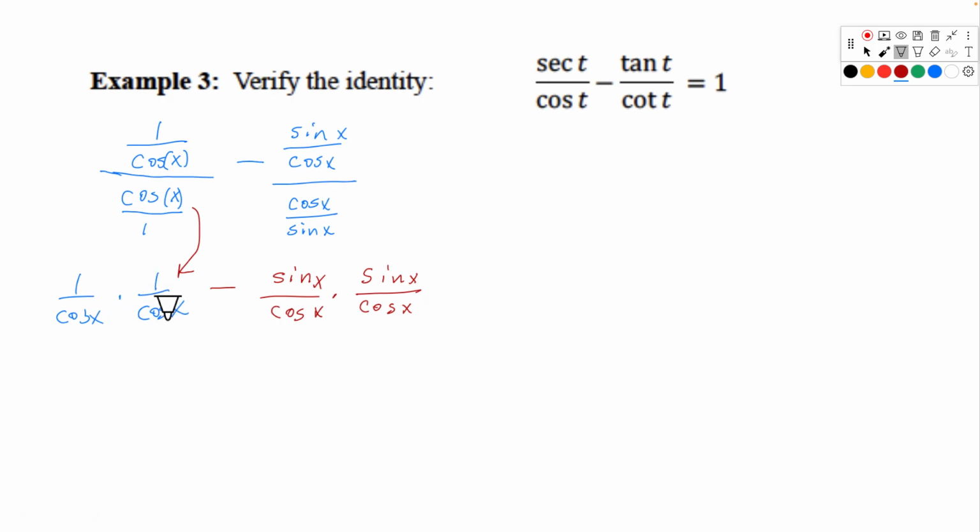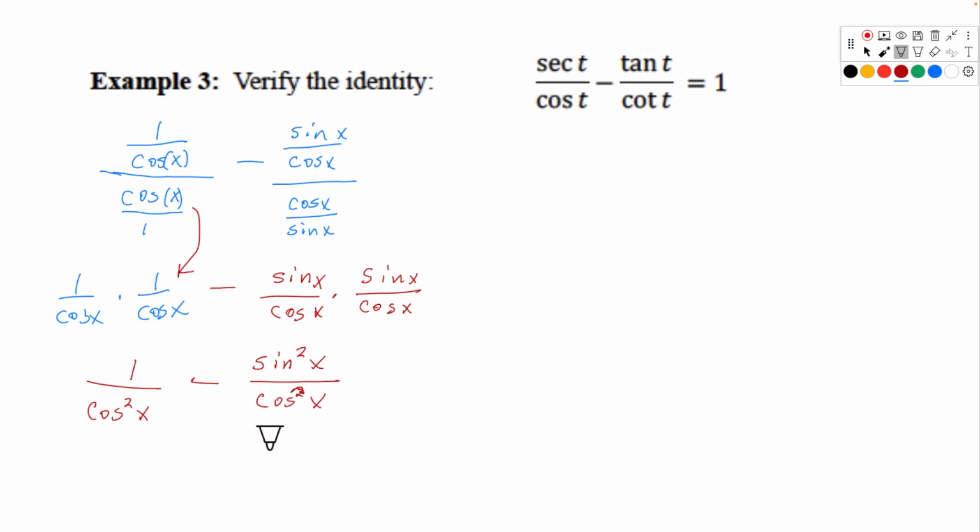Okay, so the first one becomes 1 over cosine squared x. This one, sine times sine, so we get sine squared over cosine squared x.